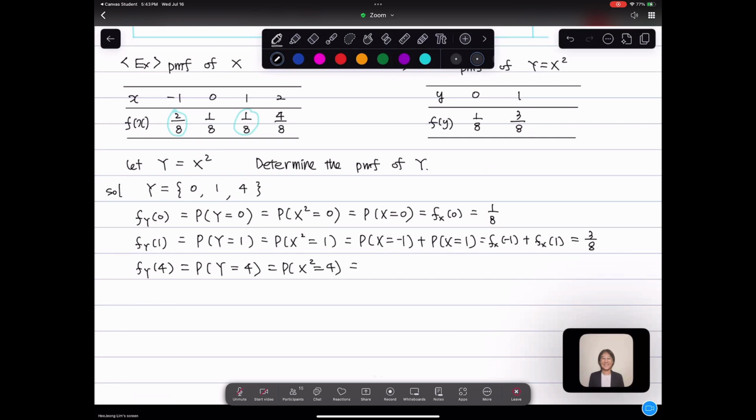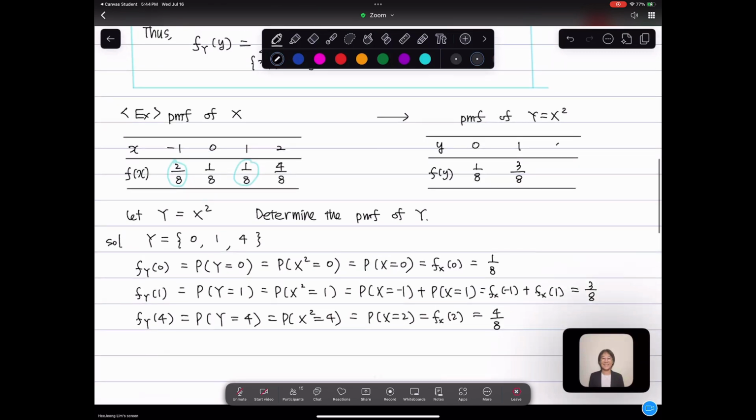For my x value, there's only one x that gives me square of 4, which is x equals 2. So that's my f of x of 2. So that's 4/8. So now I'm getting y value of 4. That should be 4/8. So this is a complete probability mass function.